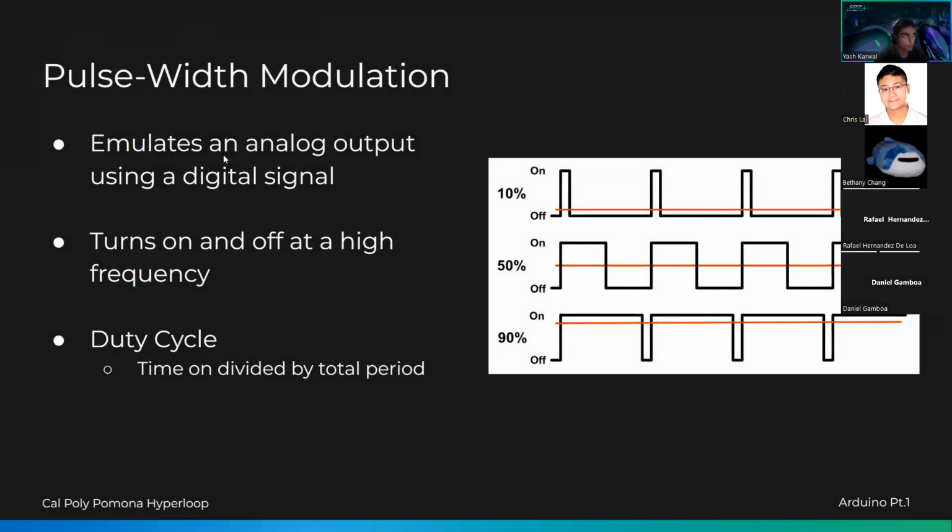So PWM, or pulse width modulation, is basically a trick to emulate an analog output with a digital signal. Since a digital signal is either low or high, 0 or 1, 0 volts or 5 volts, let's say you want an LED to be not fully bright, but kind of bright.